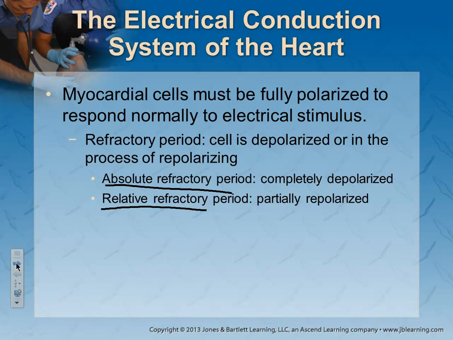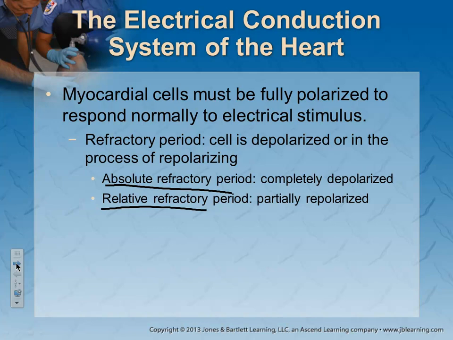It cannot have energy work on that cell at that point. It is completely at rest. There's nothing that can stimulate that cell. It's a very short time. Okay? The relative refractory period means that it's not completely repolarized yet. It's not completely at its resting state. But if it's acted upon by an outside force, by a stimulus, it's going to contract.